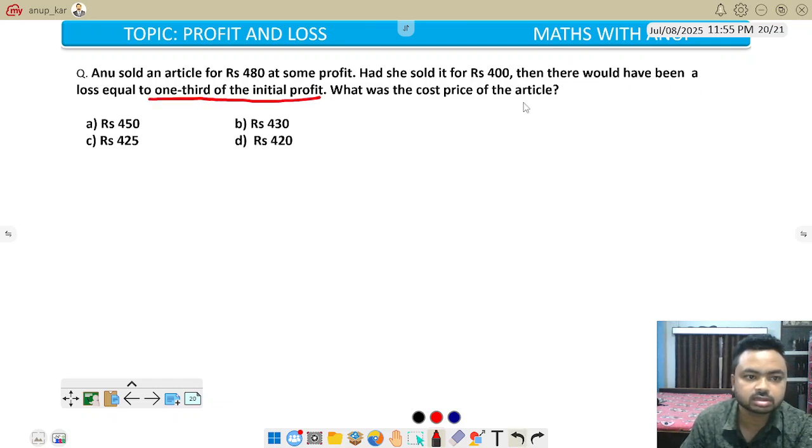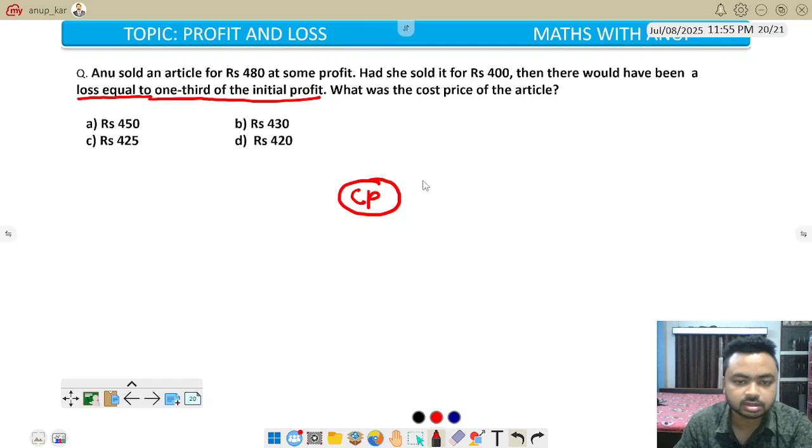Loss equal to, okay, so this is the main idea of this question you have to grasp. First of all we will consider the cost price. This is also known as the butterfly concept.